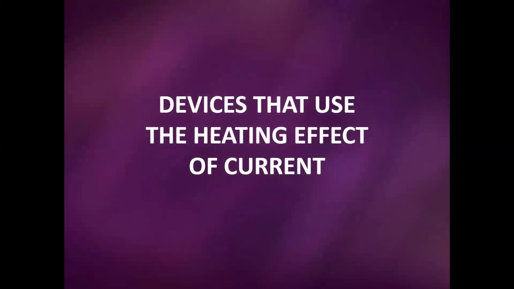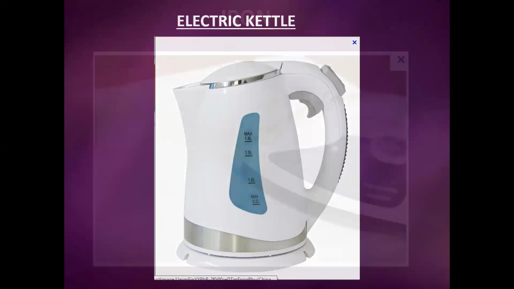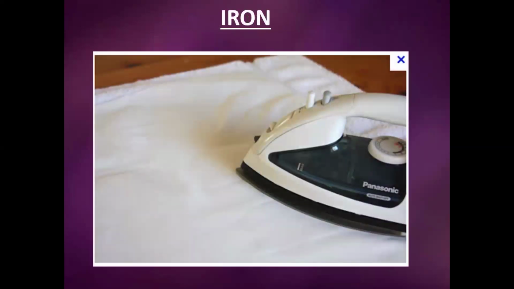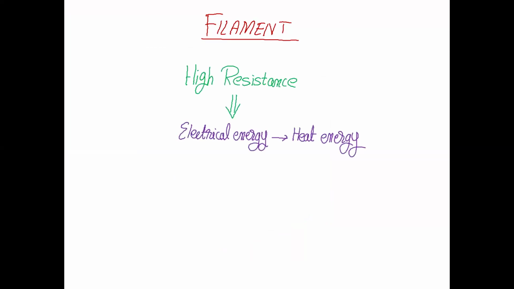Now, the devices that use the heating effect of current, like electric kettle, use electrical heating. Iron has the heating effect of current. Room heater uses the heating effect of current. Now we talk about filament. Actually, filament is used to generate heat in heating systems.